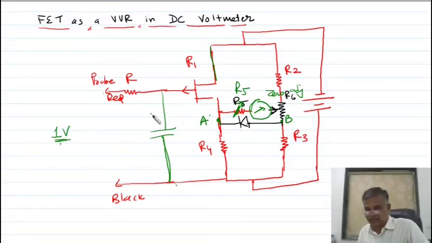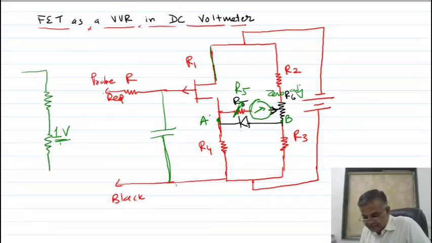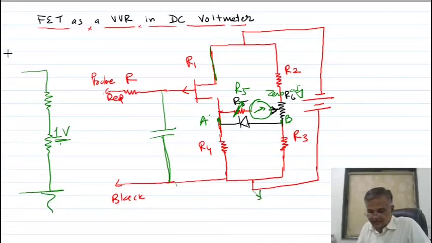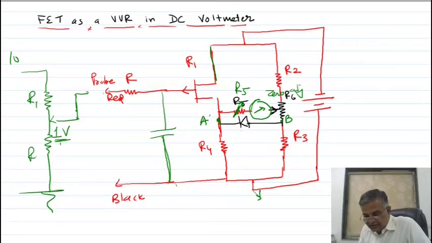Now suppose someone says, sir, I want to measure the 10 volt, what should I do? If you want to measure the 10 volt, then you have to connect an attenuator circuit, and you have to design this attenuator resistor in such a way that here you will get only 1 volt, and that 1 volt will come here.